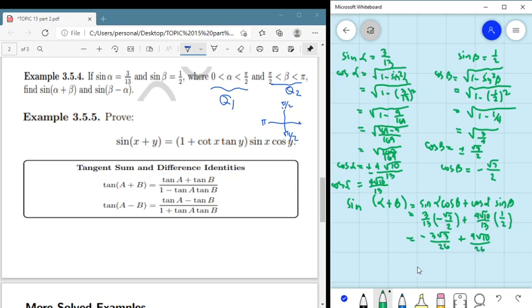Or this can be written as 4 square root of 10 minus 3 square root of 3 all over 26. Atong ipauna ang positive, 4 square root of 10 minus. Okay, so this is the value of sine alpha plus beta.